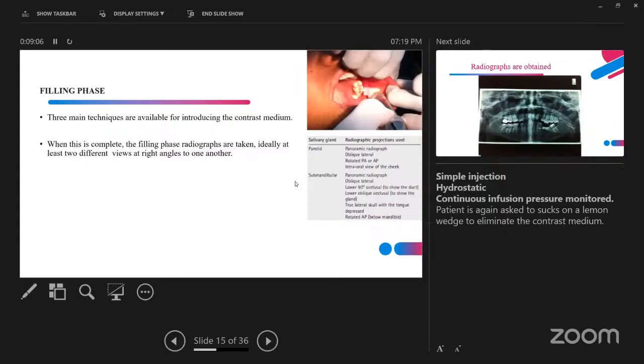There are three main techniques available for introducing the contrast medium: simple injection, hydrostatic, and continuous infusion, pressure monitored. When this is complete, a filling phase radiograph is taken, usually in two different views at right angles to one another.